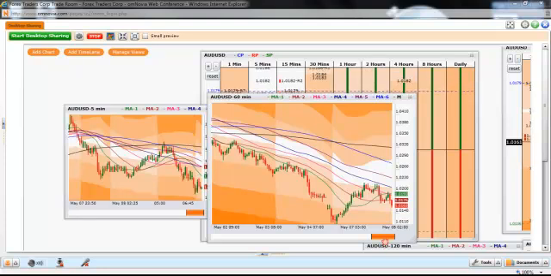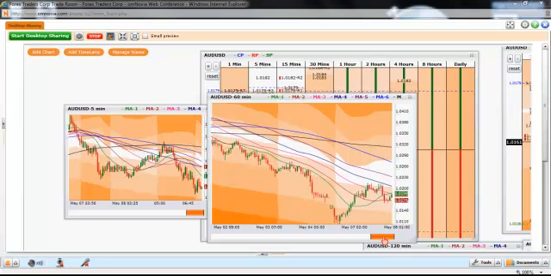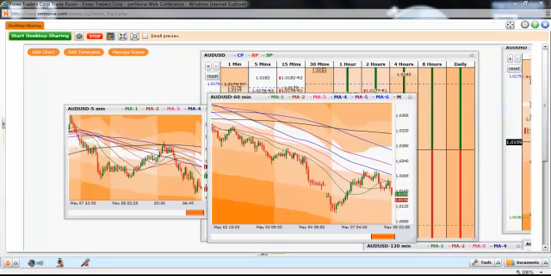I like this band trade here, not only because of that, but if you look at higher time frames, let me have a look here.